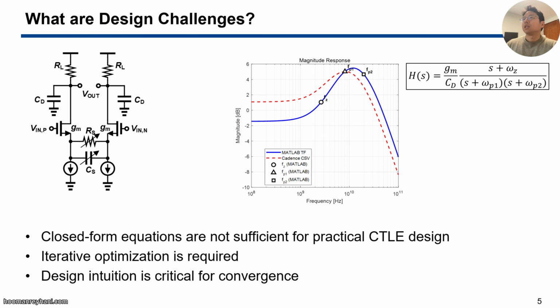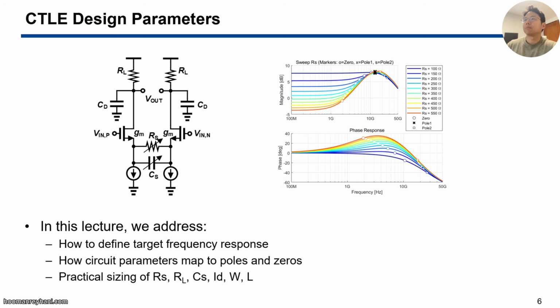As a result, CTLE design often relies on iterative optimization, and without sufficient intuition, identifying appropriate design parameters is not always straightforward. On top of that, the optimal response depends on the channel characteristics and overall system architecture, making the design space highly dependent on the practical constraints.